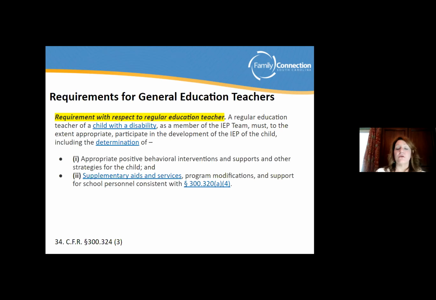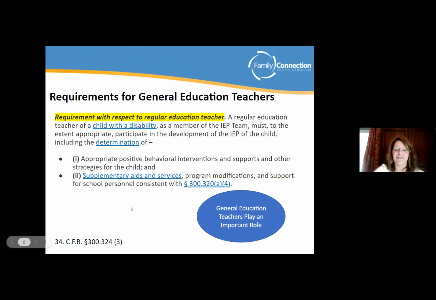And sometimes those are the general education setting, but certainly also it applies to the array of special education services being provided. So general education teachers play an important role. That's why it's so essential that they stay for the entirety of the IEP meeting so they can share their observations and give their input as to how those accommodations are being used, if they fit well with the needs of the student, and also if they need to be adjusted.